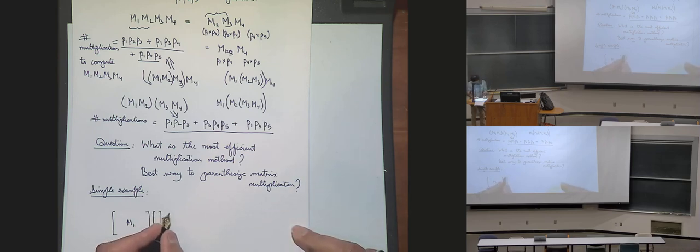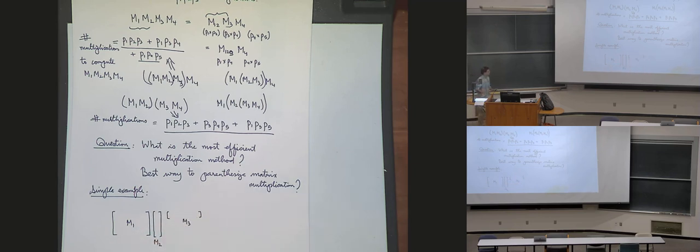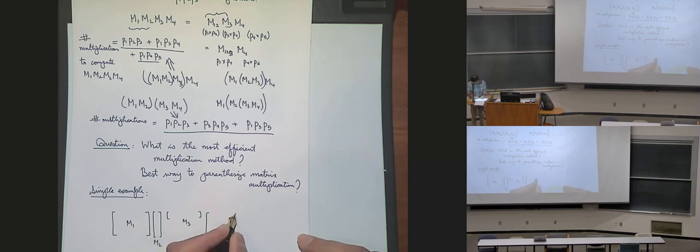And then M3 is called a short and fat matrix, times M4. So this is the sequence of matrices that you have. Okay?